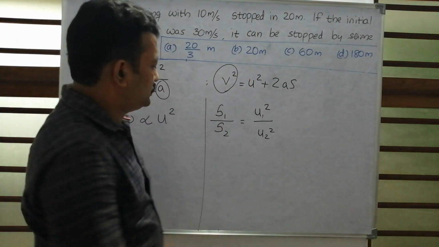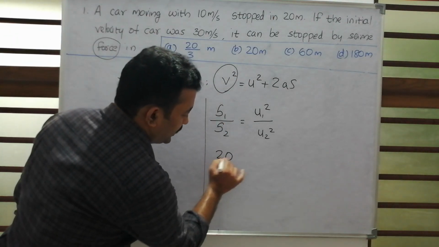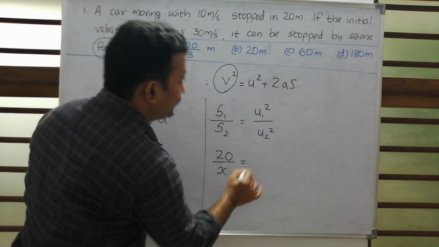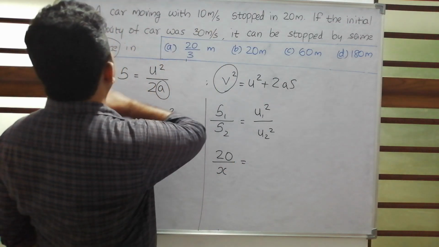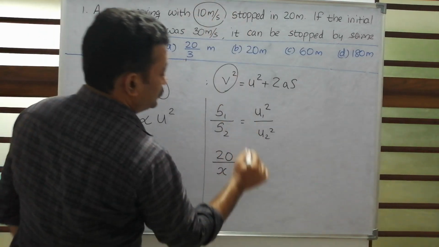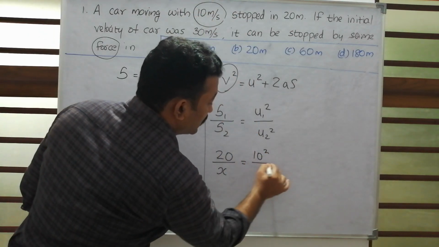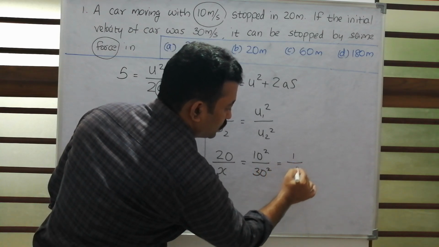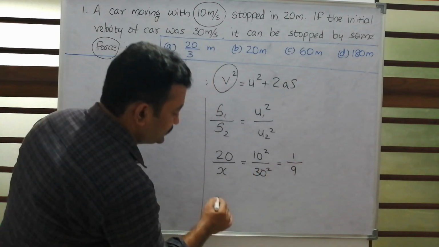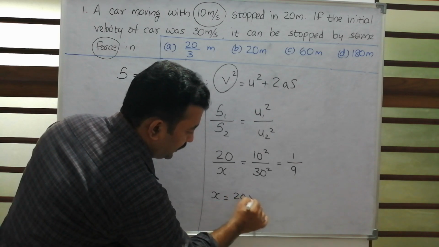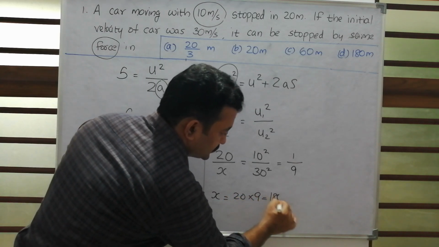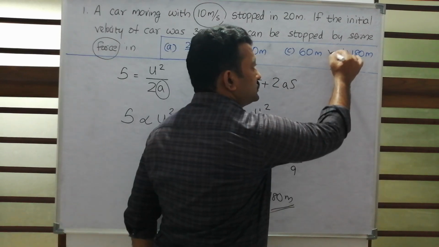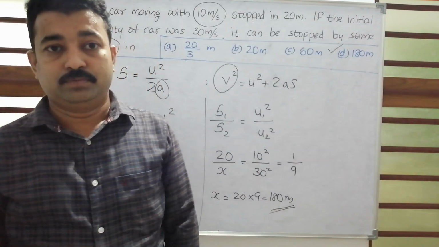S1 is known as 20 meter. S2 is the unknown distance, let me take it as x. u1 is 10 meter per second, so 10 square, and u2 square is 30 square. This becomes 1 by 9. So what is x then? 20 times 9, which is 180 meter. Look at the options. This will be the right answer for you.